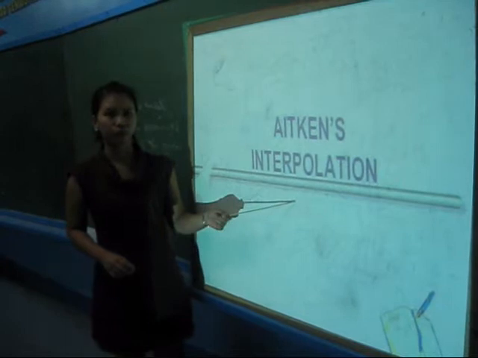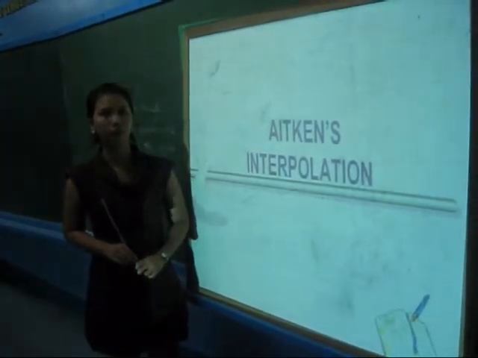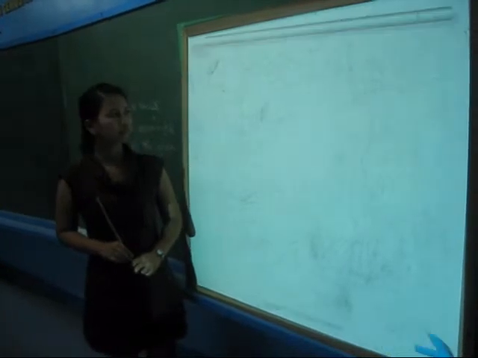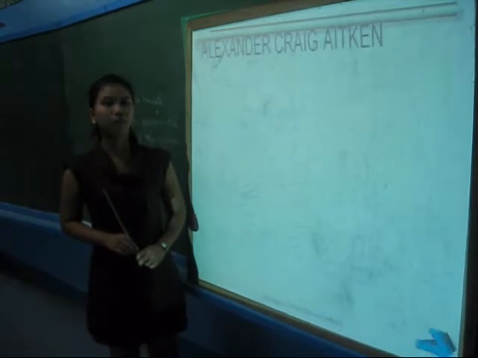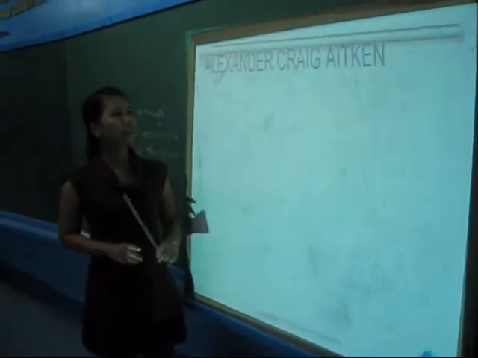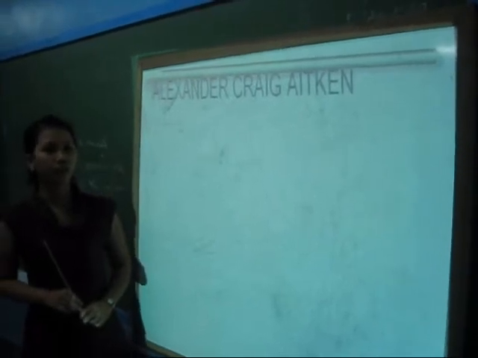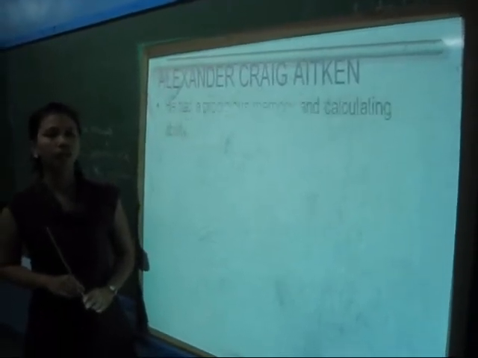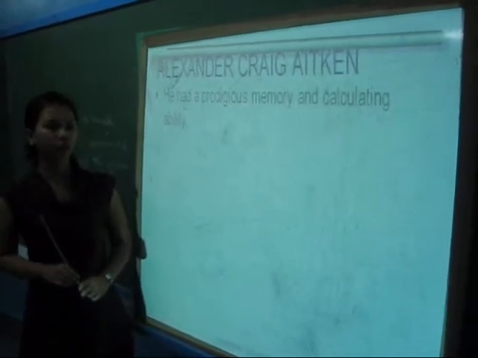But before that, I will give a brief information about Aitken. His complete name is Alexander Craig Aitken. He studied for a PhD at the University of Edinburgh. He was one of the best mental calculators, and he had a prodigious memory.